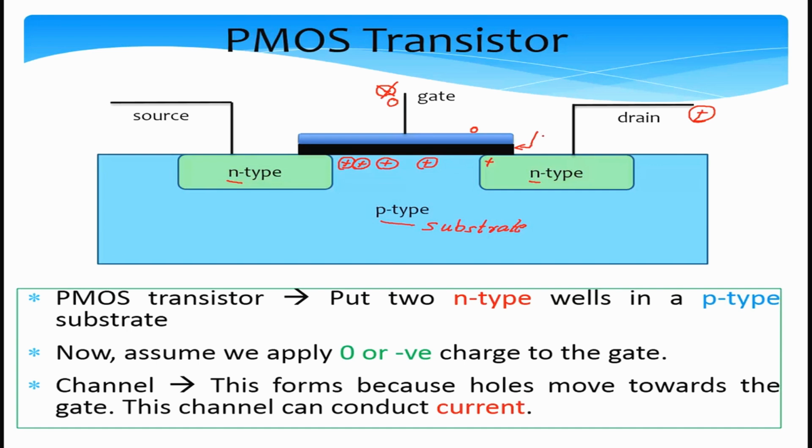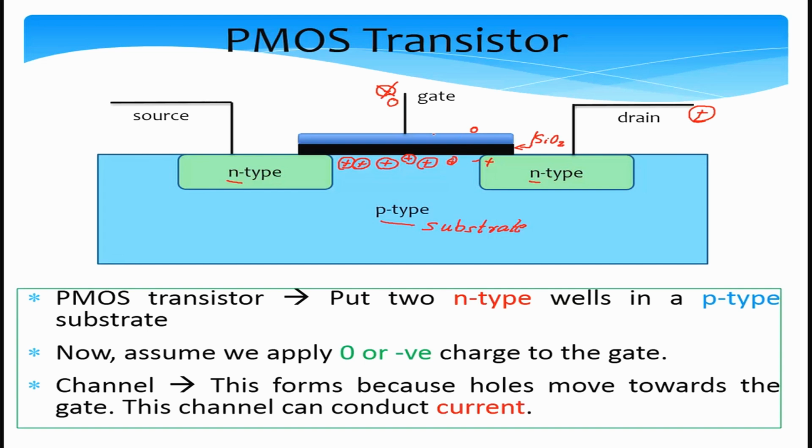They will not be able to go because the SiO2 layer is there, but they'll essentially get stuck over here at the boundary. So we'll have an excess of holes over here. We'll have fewer holes here, but more holes towards the n-type, but nevertheless there'll be some holes over here. So we'll have a lot of charge carriers in this region, mainly because there is a potential difference.